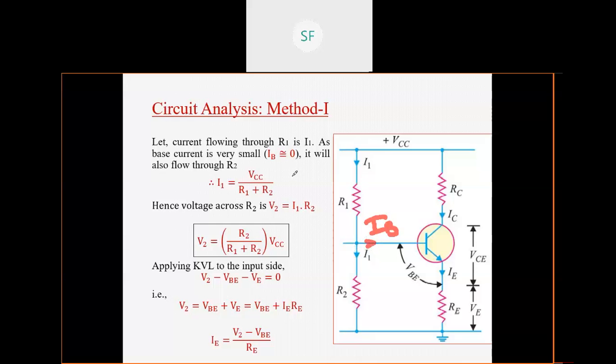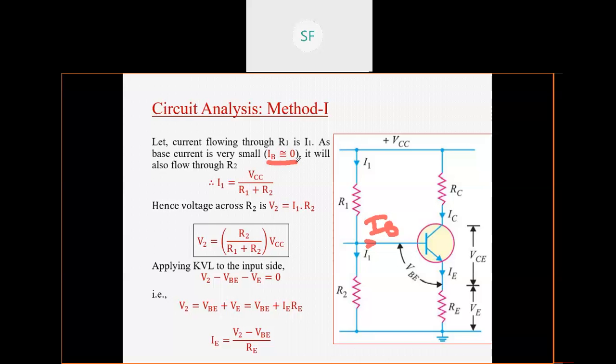But in this case, we know that base current is very small. We have seen in the construction of the transistor itself that there were very few majority carriers in the base, and also the base was very thin. So we know that base current is very small, but it will have some value. But in this analysis method, we are approximating that base current IB is approximately equal to 0.